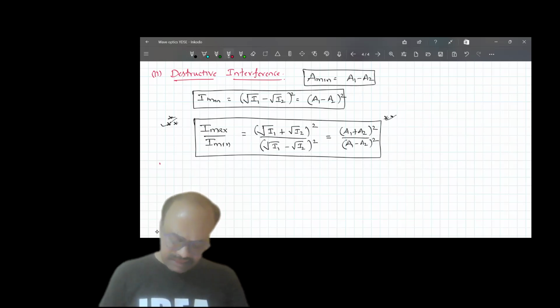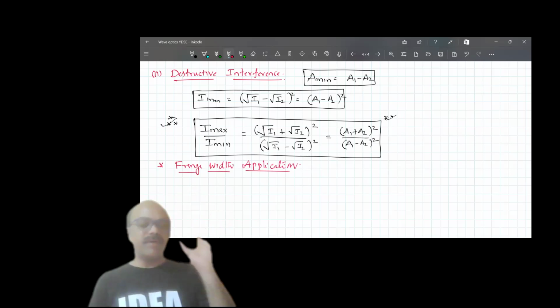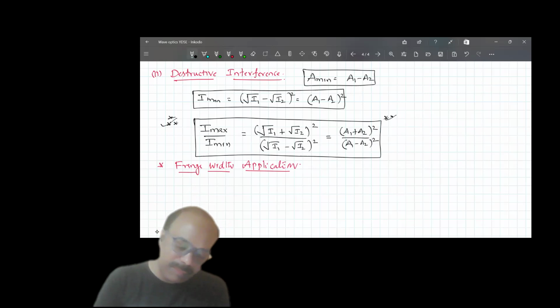Now, we discuss fringe width applications. Very, very easy and important concept.